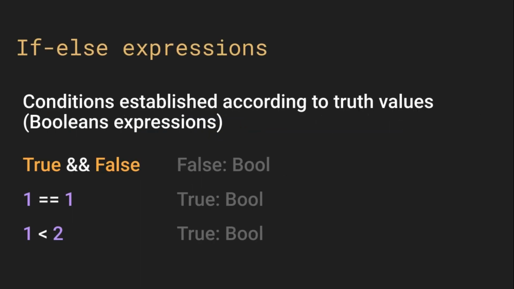The most basic way to handle the logic of your program is with if-else expressions. These are conditions that are established according to truth values. That means Boolean expressions, like those that you see on screen.